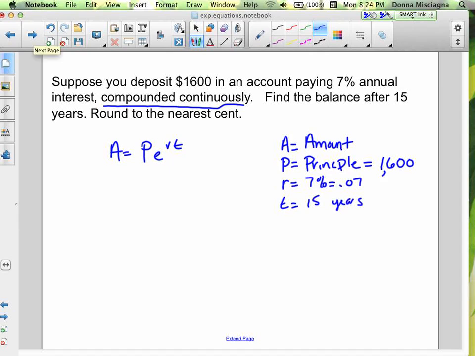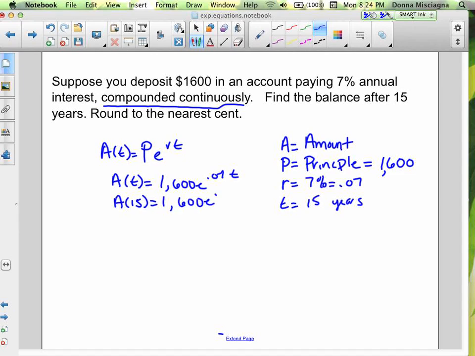All right, so we have the amount, and I'm going to make it A of t because we want to show how many years we're evaluating for. So A of t equals 1,600 e to the 0.07t power. And we want to know for 15 years. So let's evaluate that.